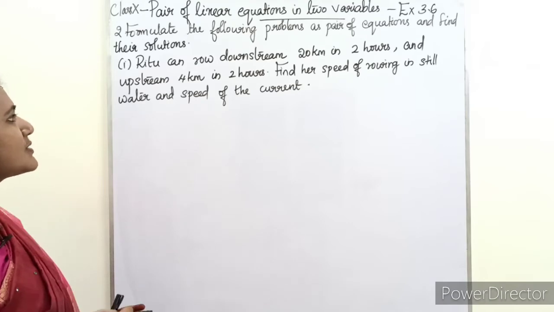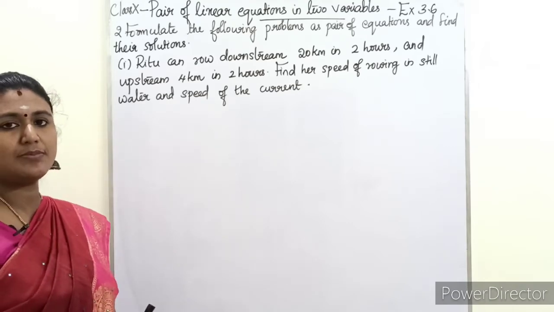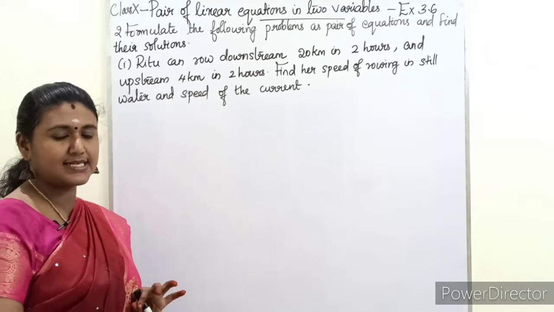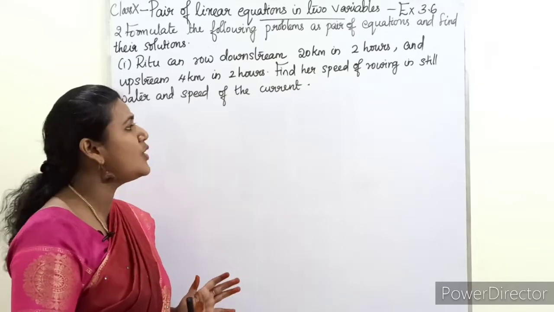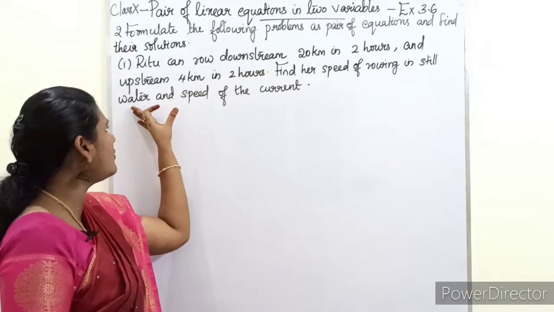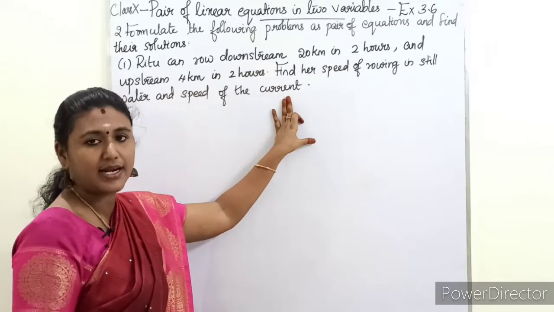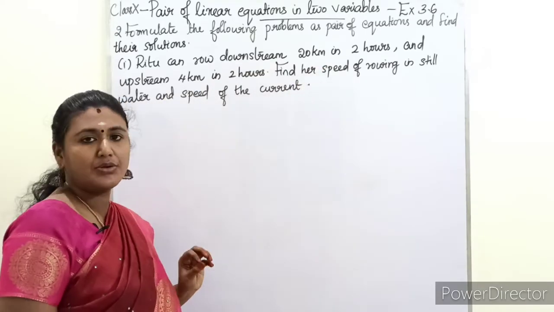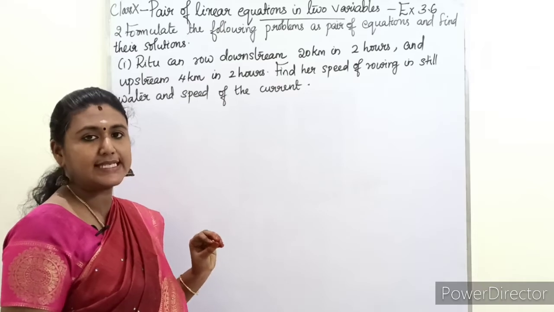So this question is an upstream downstream question. We have already discussed this in the previous video. Here we have to find the speed of rowing in still water and the speed of the current. These two we are going to take as the variables x and y.